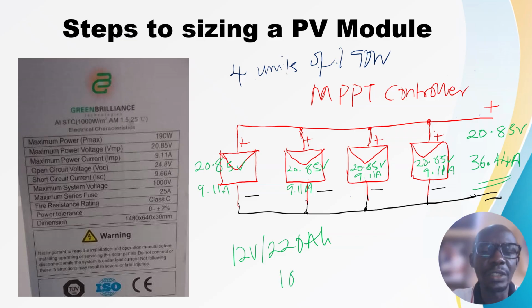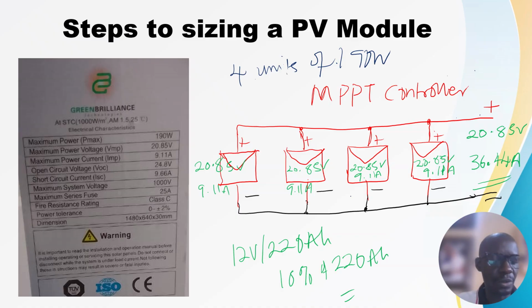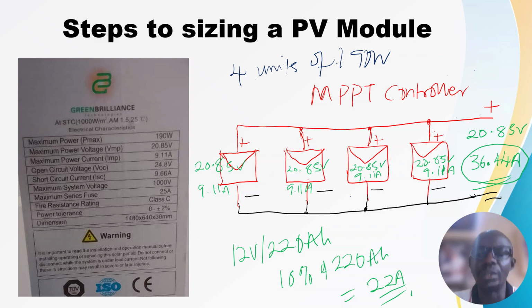So 10% of 220 should be 220 times 0.1, so it means you must have at least maybe 22 amps coming to charge your system. See what we got: 36. So we are still in order. So let's do this, and then we believe that our system will function properly.